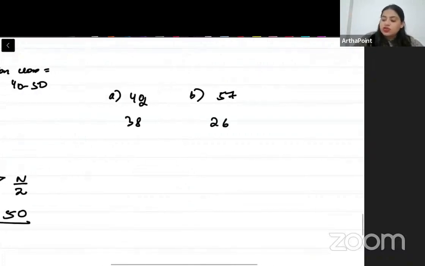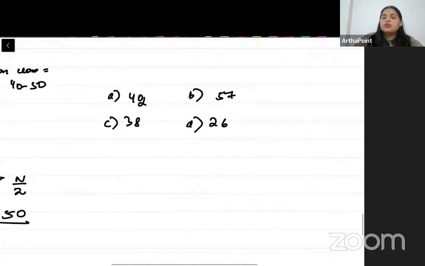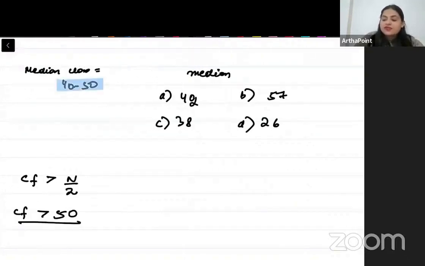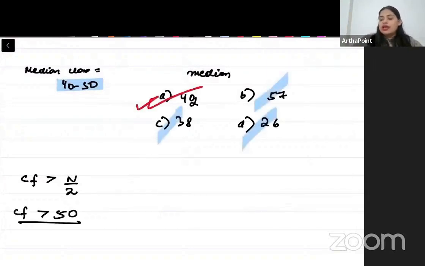Suppose such options are given, and they're asking you to find the median. I know that my median class is 40 to 50. That means my median has to lie between 40 to 50. So I can simply eliminate these 3 options and say that the median will be 42. So you can also do this if there is only one option in the median class.